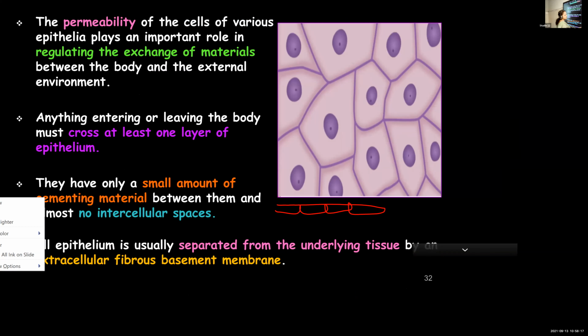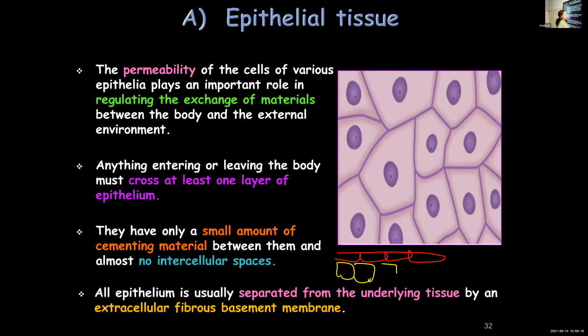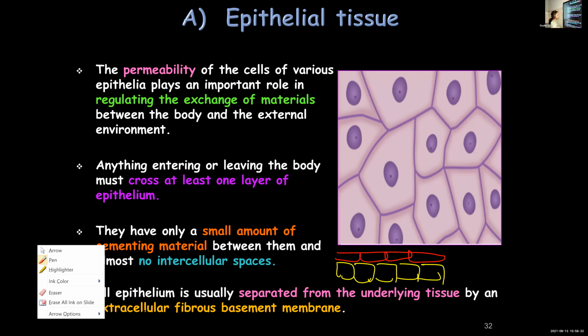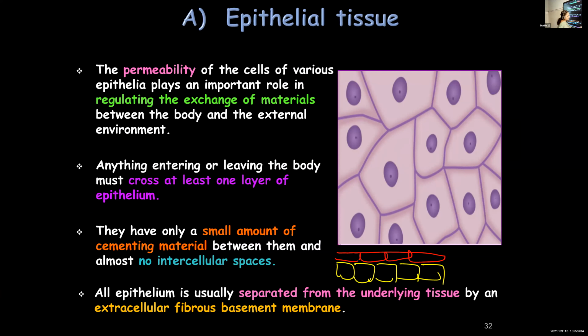So other cells will be present beneath the epithelial cells. So what is mentioned is, all epithelial tissues are separated from the underlying tissues, those tissues which are lying beneath, by means of an extracellular basement membrane.